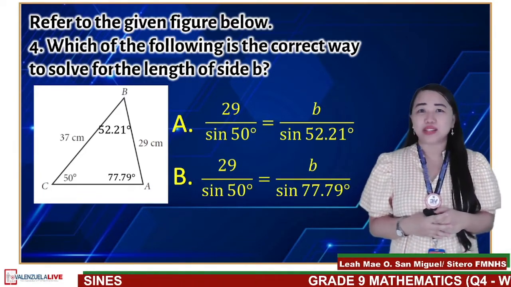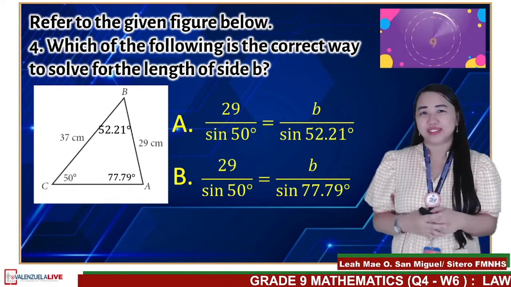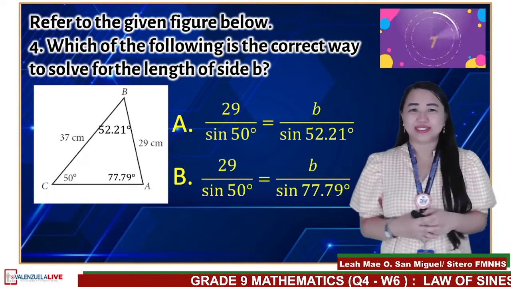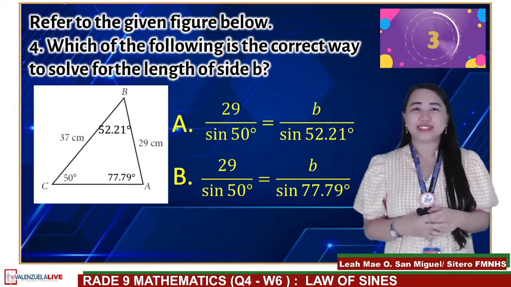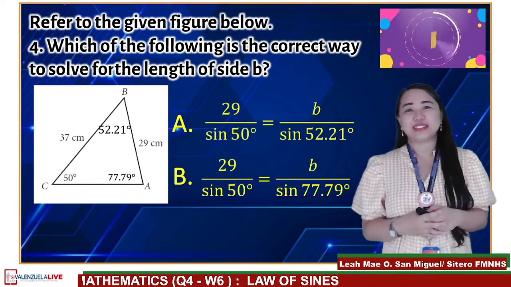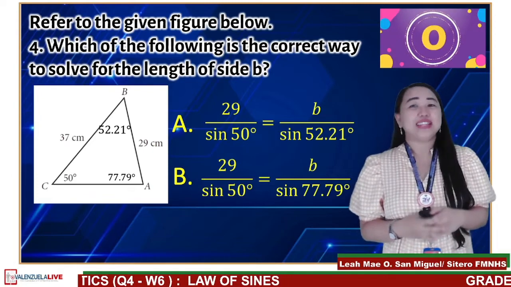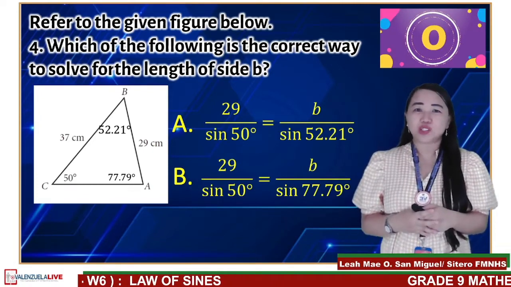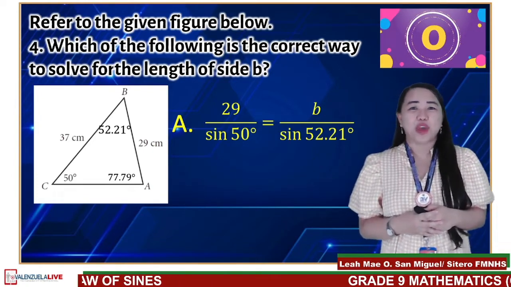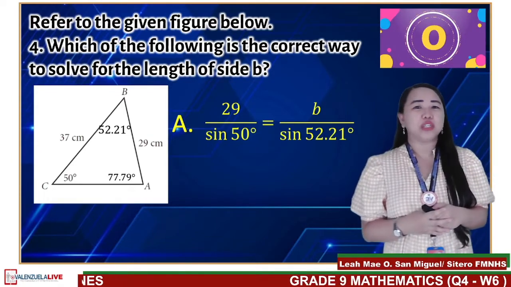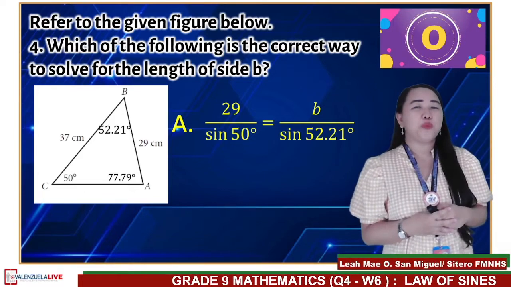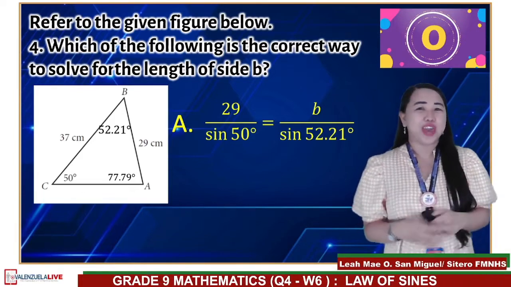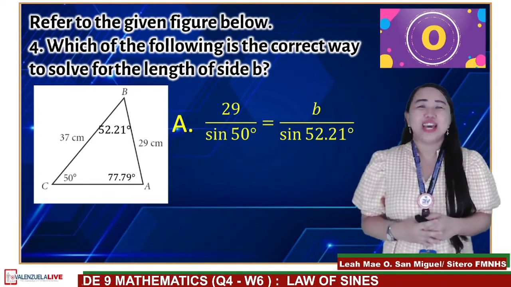Timer starts now. Time's up. If your answer is A, 29 over sine 50 degrees is equal to B over sine 52.21 degrees, then you are correct. Great!